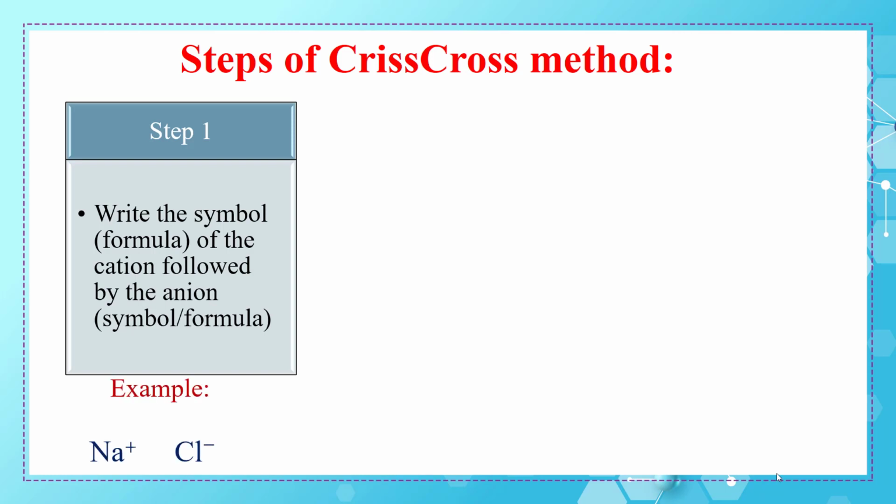For example, let us speak about sodium ion, which is a cation, have a positive charge. We start writing the cation Na+, then we follow it by writing the symbol of the anion Cl- chloride ion, which has a negative charge and it is an anion.